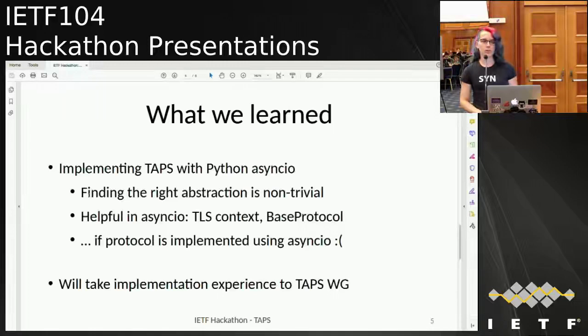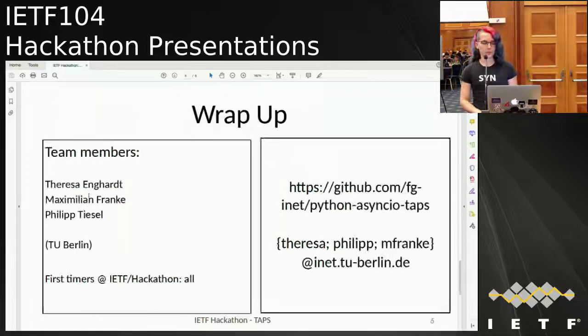Let's see what we can do about protocols where this is not the case. We will take our implementation experiences back to the TAPS working group. Team members are myself, Philip and Max, all at TU Berlin, and our table is right at the front. If you have questions about TAPS, you can look at our GitHub or write us an email. By the way, we're all first timers at the IETF Hackathon, had a great time, it was very useful, so might be back. Thanks.